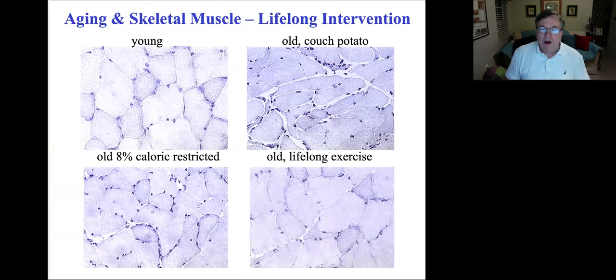So can lifelong exercise, avoiding being a couch potato, make a difference? So here's a study that was done with rats. There was a collaboration with the University of Florida with this. These are cross sections, and they're all on the same scale.